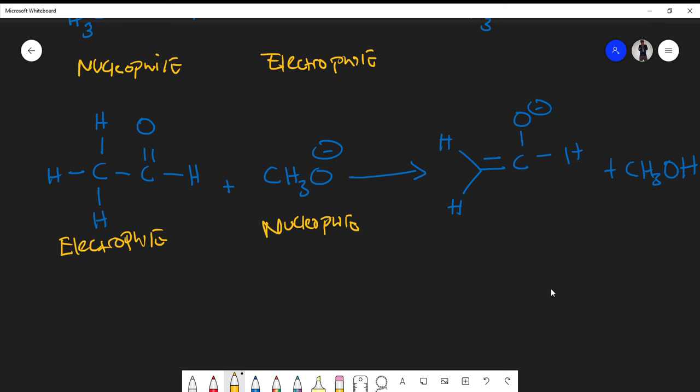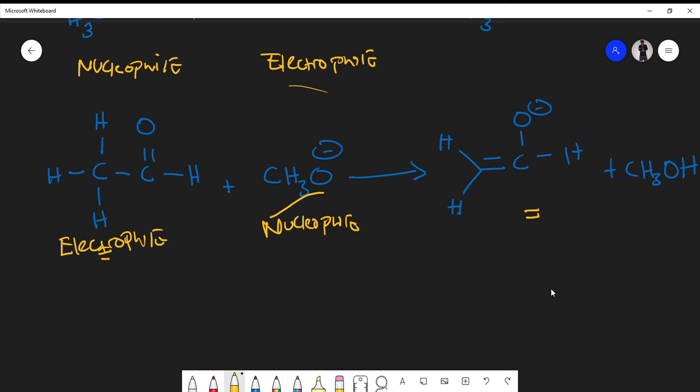In this case, CH3OH, or methanol, is not positively charged, but since we know that this is definitely the electrophile, then this must be the nucleophile.